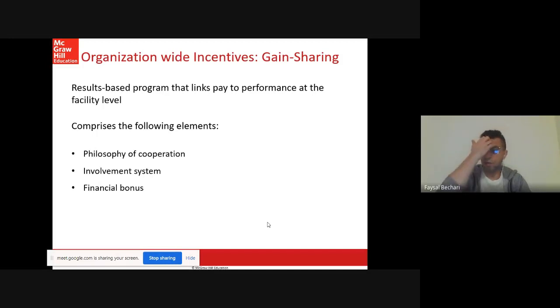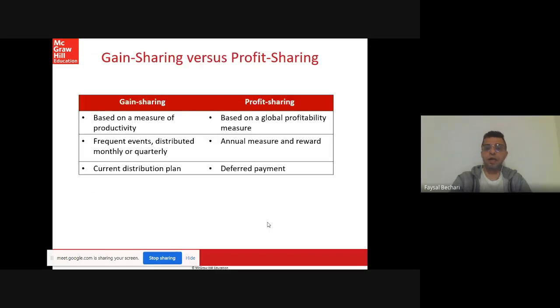Gain sharing could work at the group level. The difference between gain sharing and profit sharing is that gain sharing is based on a measure of productivity, and profit sharing is based on global profitability. So, how productive is it here, and how profitable is it here?